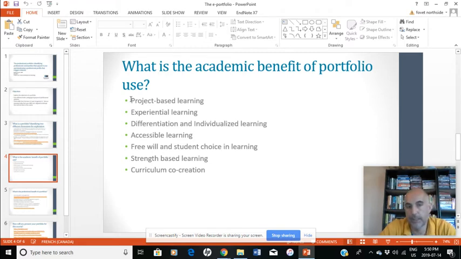Another theory you're going to encounter is experiential learning. Experiential learning relates to the work of Kolb, who started writing about this in the 1980s and now has been used widely by a lot of other authors. Again, Kolb makes a representation of what he sees learning to be.